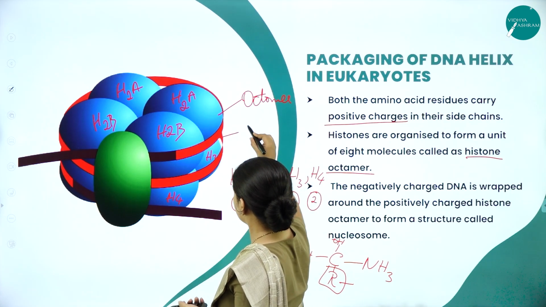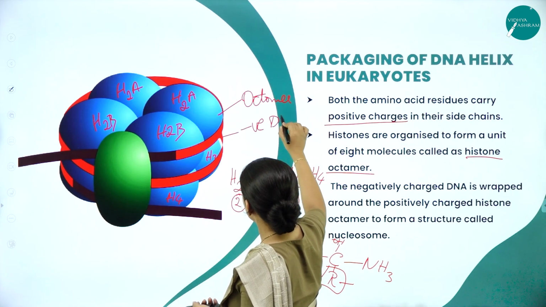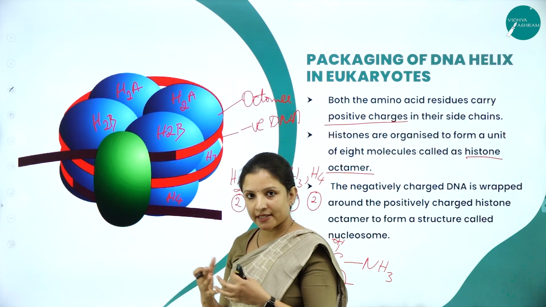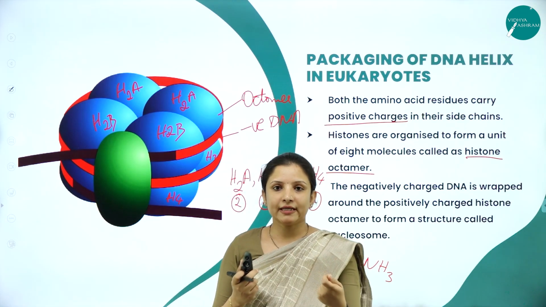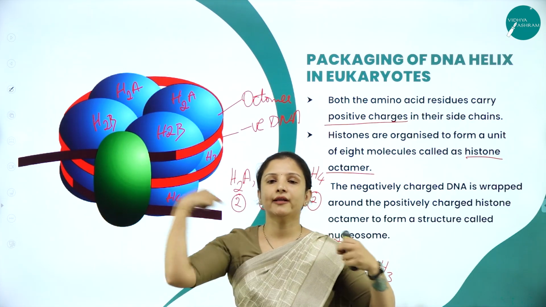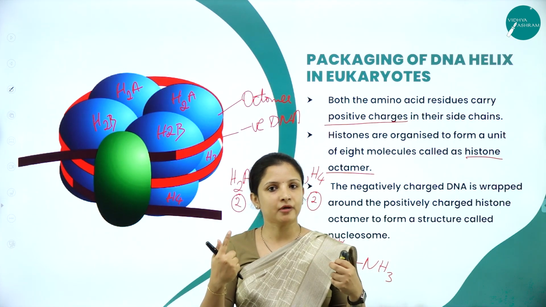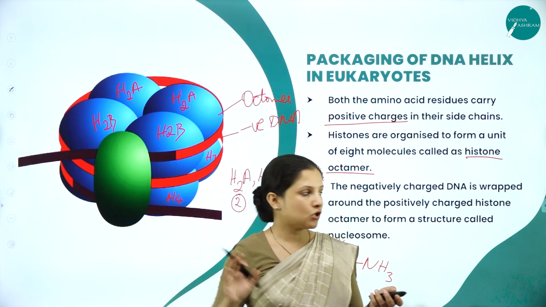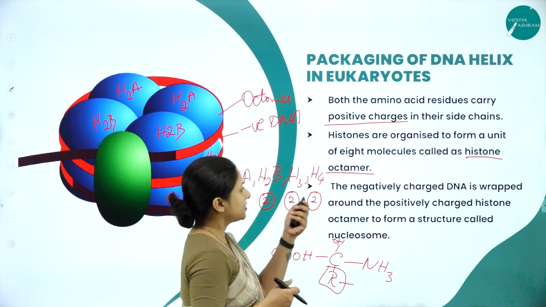And the negatively charged DNA will coil around the positively charged histone. Now, is only coiling enough? No. Can everything coil around the same histone octamer? No. They need to have many histone octamers in which they coil. We'll look at that later on.